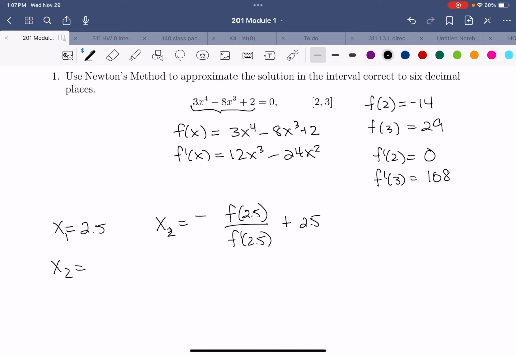So negative parentheses 3 times A to the fourth minus 8A cubed plus 2, close parentheses, divide by, and then you're plugging your A into your derivative: parentheses 12A cubed minus 24A squared, close the parenthesis, plus capital A.